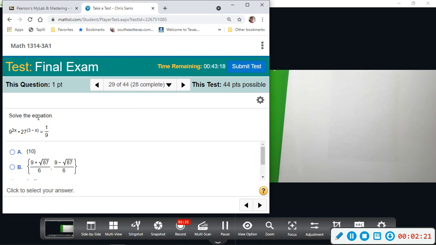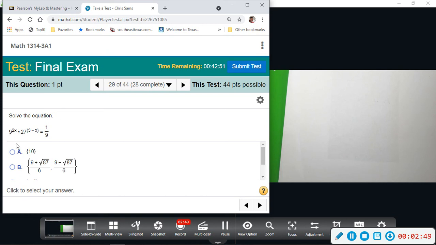Number 29, we want to solve this equation. The trick here would be to write all of these as base of 3.